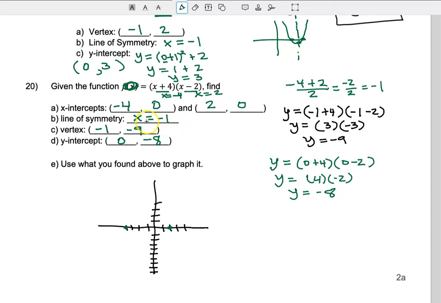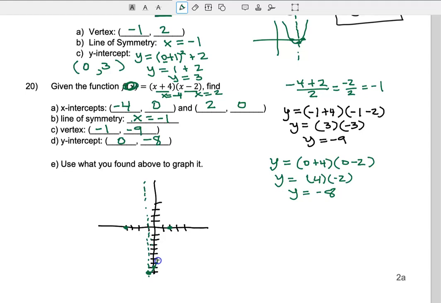My line of symmetry is x equals -1, so that's going to be this line right here through. My vertex is -1, -9, right? And remember, my vertex should be right on that line of symmetry. So that is here. And then my y-intercept is 0, -8, which is here.